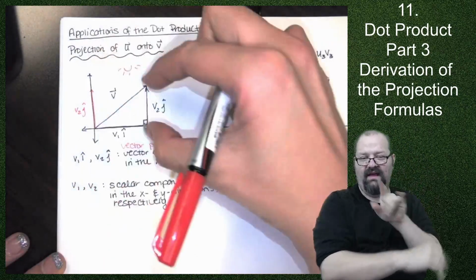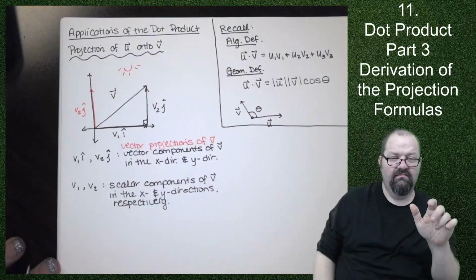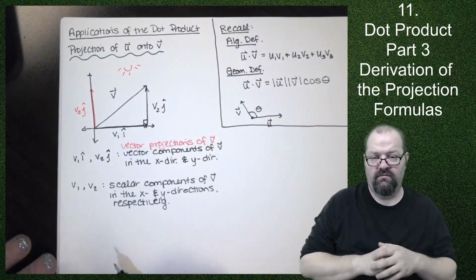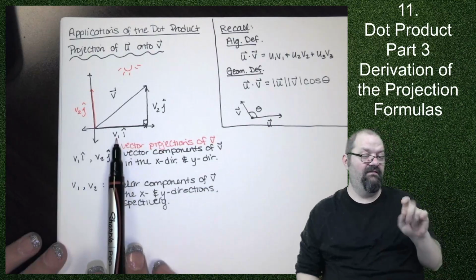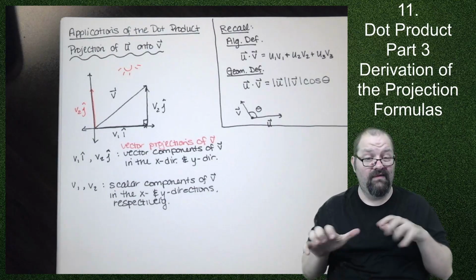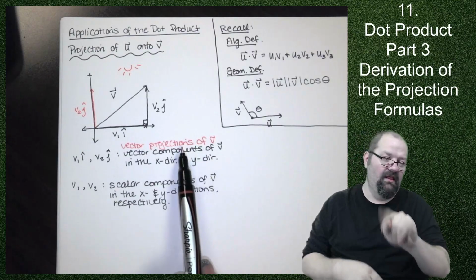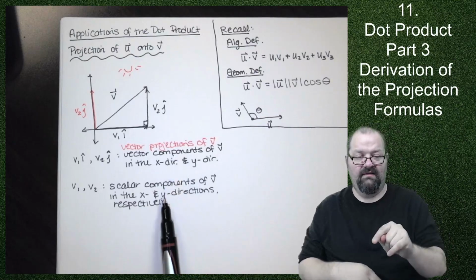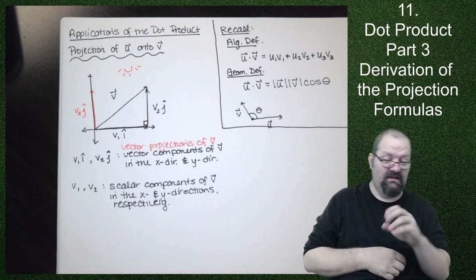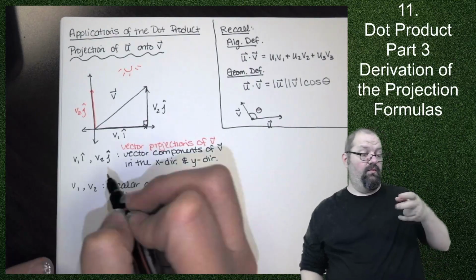And we could move that vector over here so that we complete our triangle. So this is a vector projection, or you could think of the scalar projection, that's just the v1 and v2. So we've done projections before, we just didn't call it that. We called these projections components in the x and y direction. So projection is just another name for component.